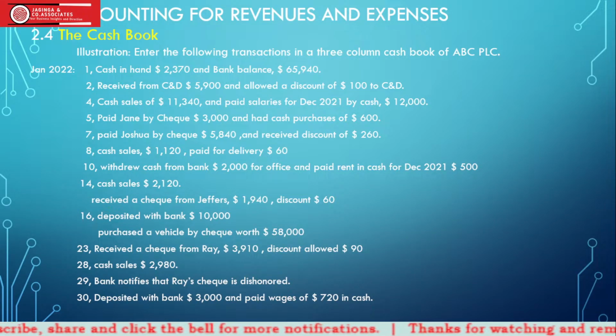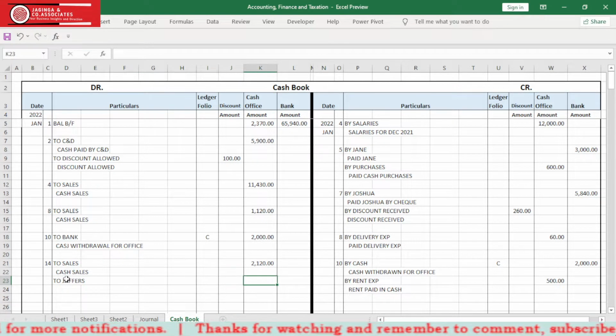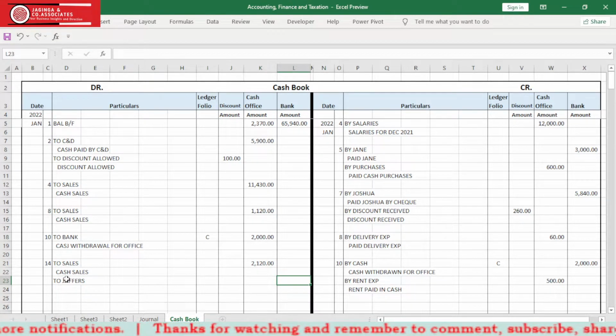We consider check from Jeffers, $1940. To Jeffers, we received the check, so this one is going to bank. And this is 1940.